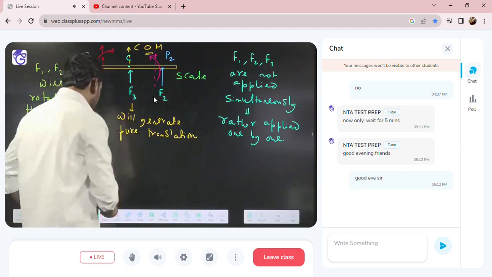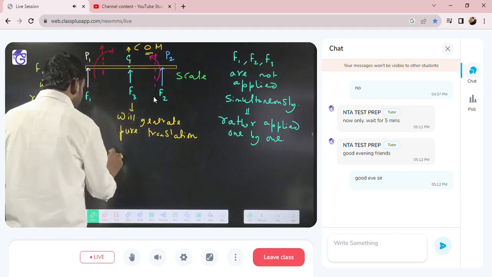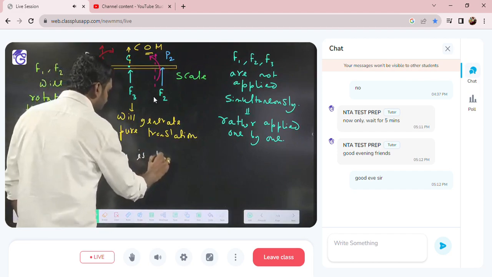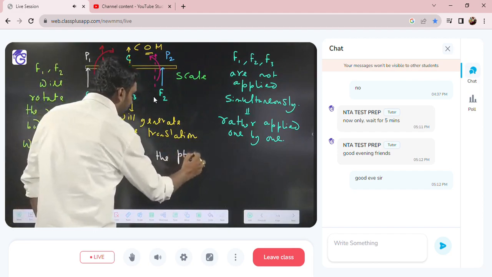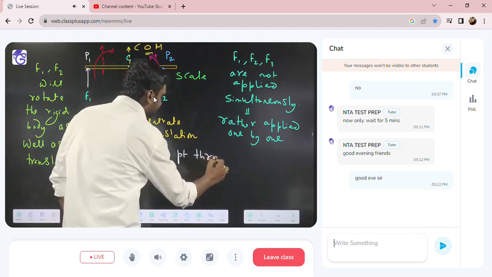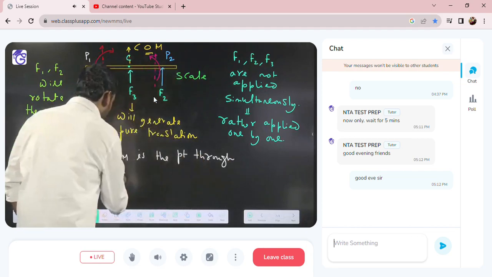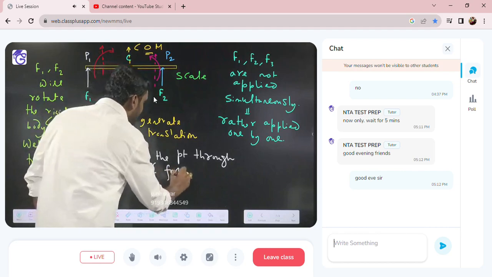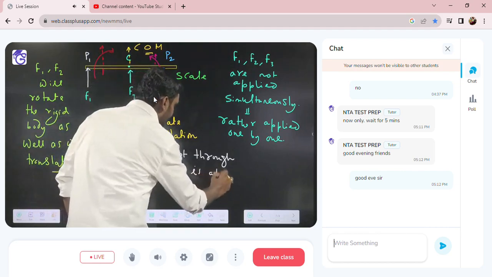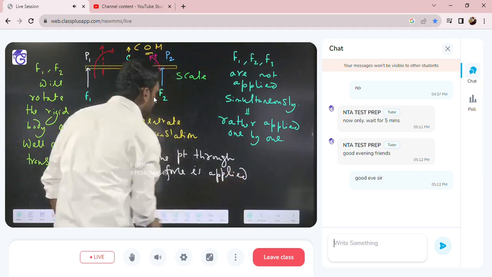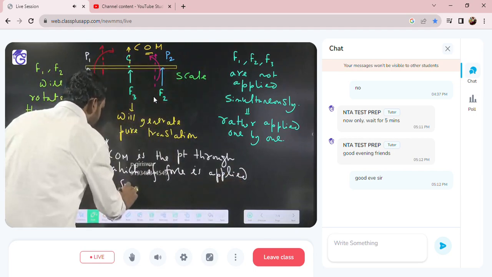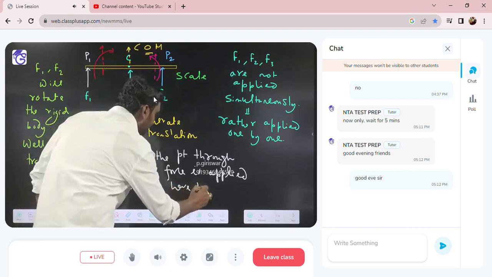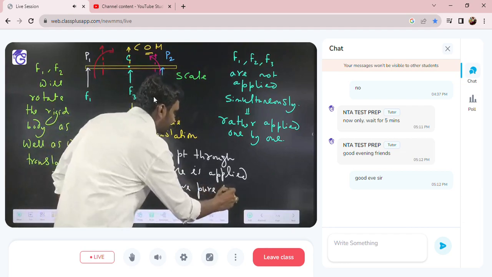So now I will define, I'll write that center of mass definition is the point through which if force is applied, a system will have pure translation.